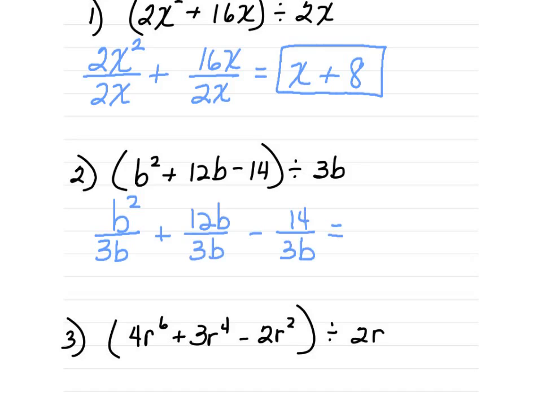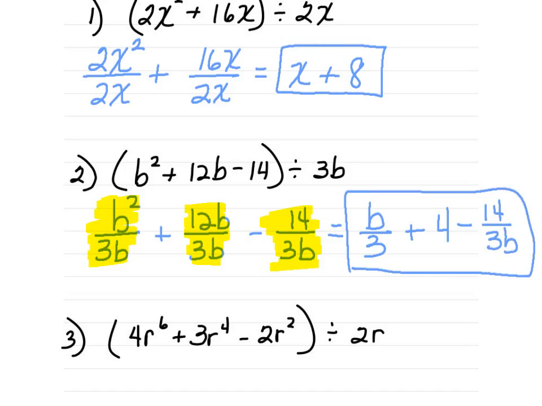So let's start with the first term. b squared divided by 3b would give me b over 3, plus 12b divided by 3b, which is 4, and then minus 14 divided by 3b, which is 14 over 3b, because there's nothing to simplify there, and this would be your quotient.